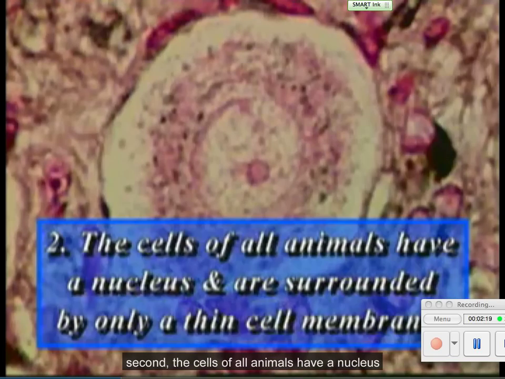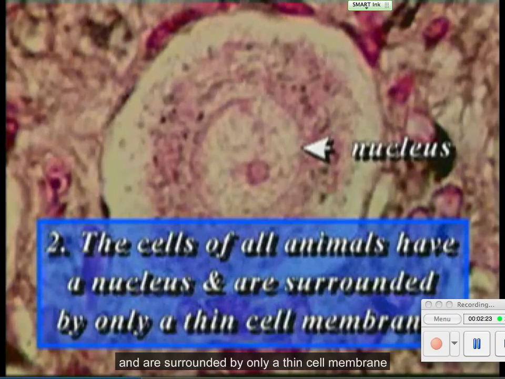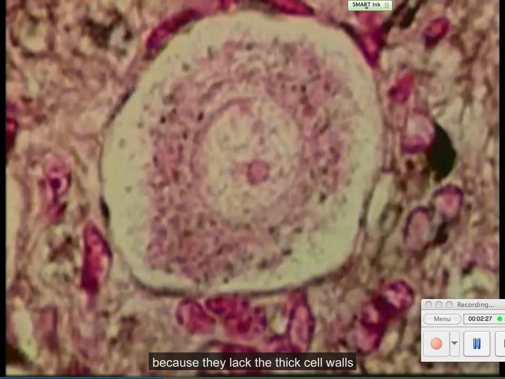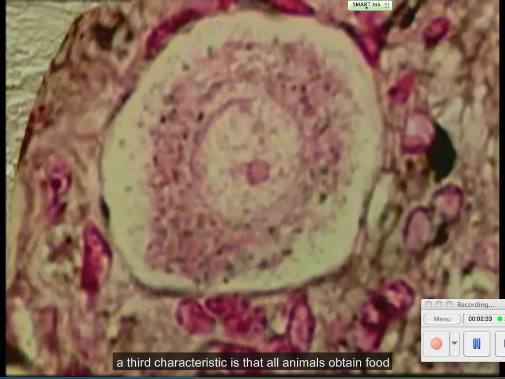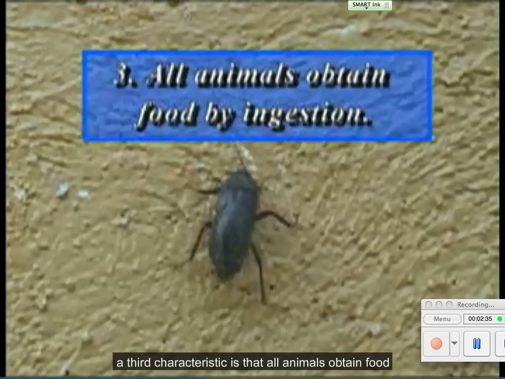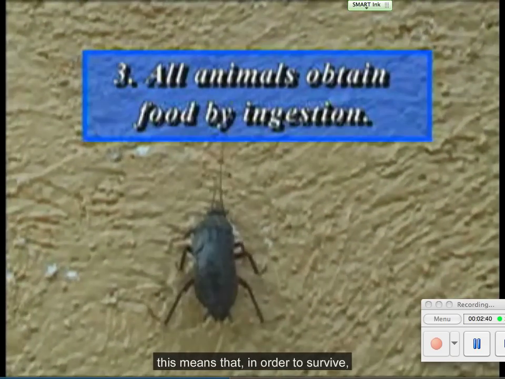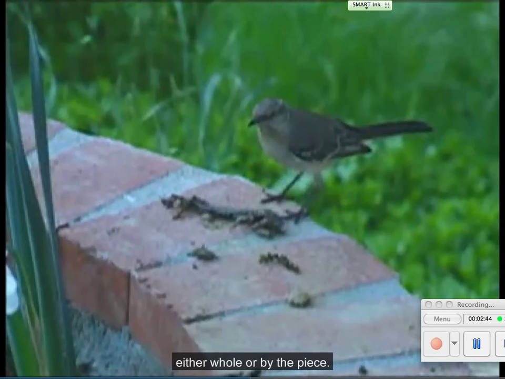Second, the cells of all animals have a nucleus and are surrounded by only a thin cell membrane, because they lack the thick cell walls found in other multicellular organisms. A third characteristic is that all animals obtain food by ingestion. This means that in order to survive, animals must eat other organisms, either whole or by the piece.